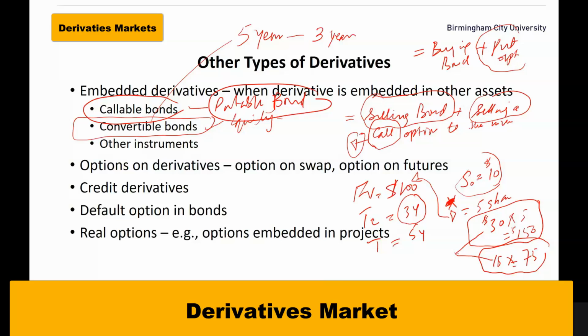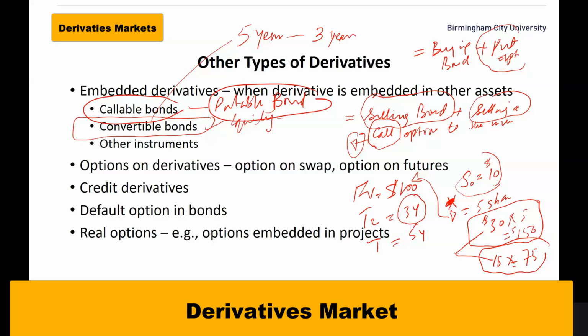So if the put option is due and the time period has lapsed, the investor can sell back the bond to the issuer. It is quite opposite to what we talked about for callable bonds. So we have callable bonds, we have convertible bonds, and we have puttable bonds. Is it clear? Any question?